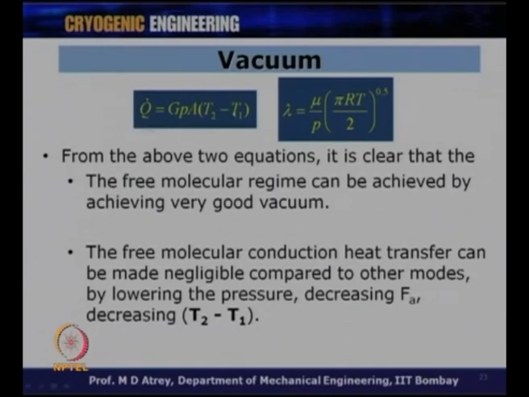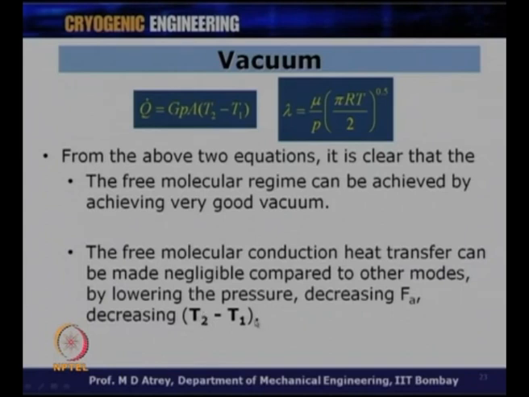If I reduce the T2 minus T1, my Q is going to be less. So, we can understand that the free molecular conduction heat transfer can be made negligible compared to other modes by lowering the pressure, by decreasing the value of Fa, or by decreasing T2 minus T1. All right, and this is the formula we will use to calculate free molecular conduction.